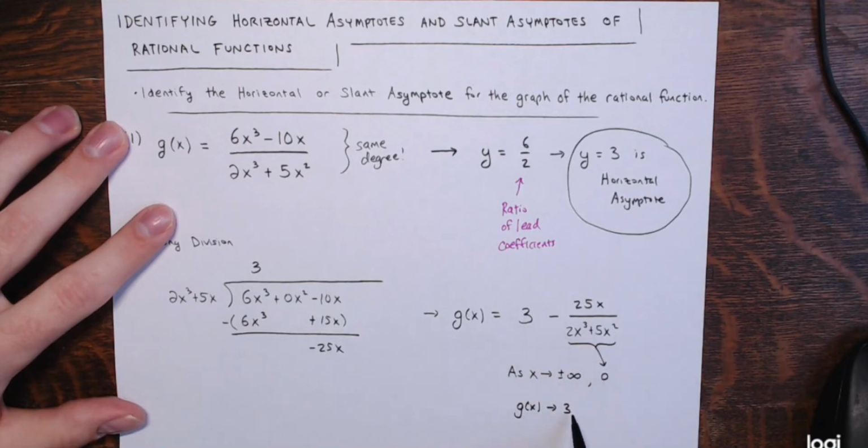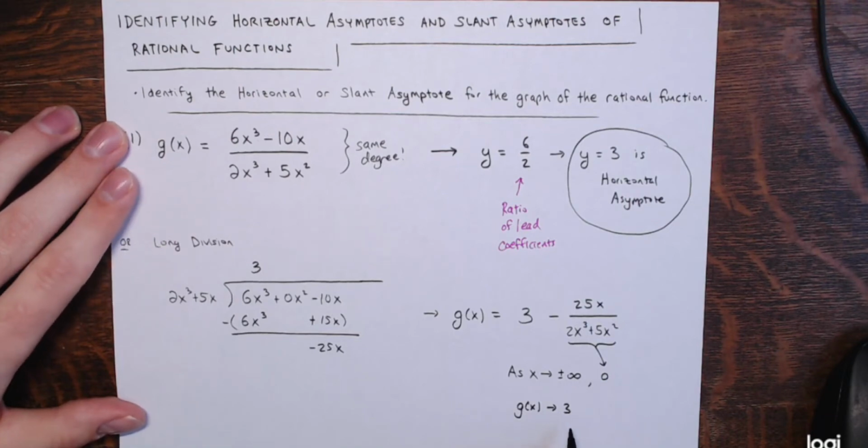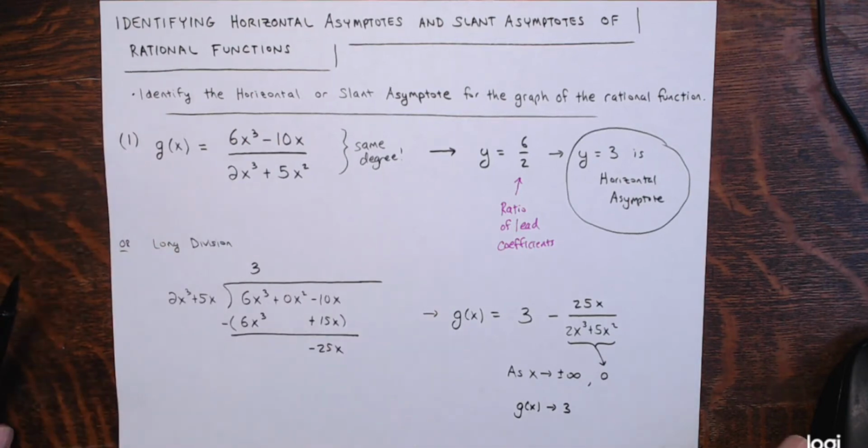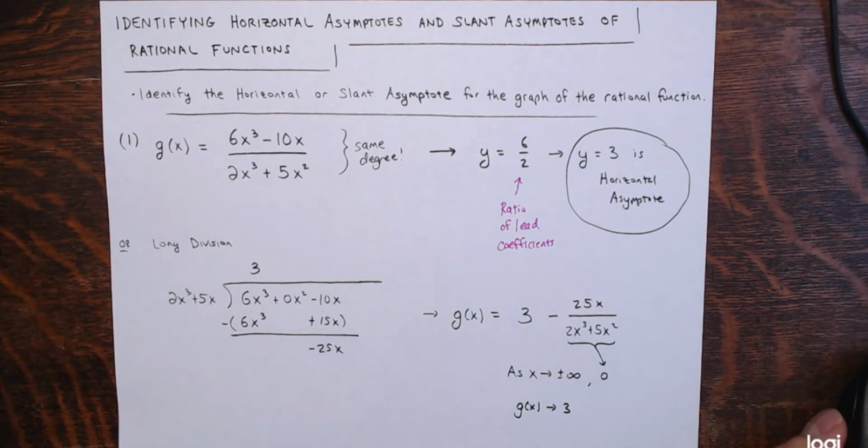Again, just the quotient. What happens on the ends of these rational functions, the right end, the left end, the graph will approach the graph of the quotient when you do division, y equals 3. Well, let's see. Alright, I'm going to go to that Desmos website, and we'll see that y equals 3 is a horizontal asymptote. The graph will approach that line on the right end and left end.